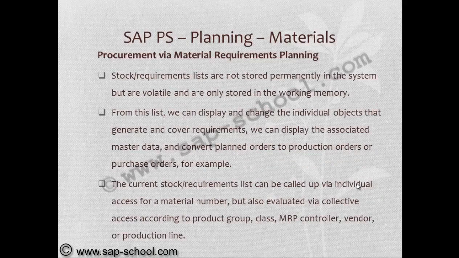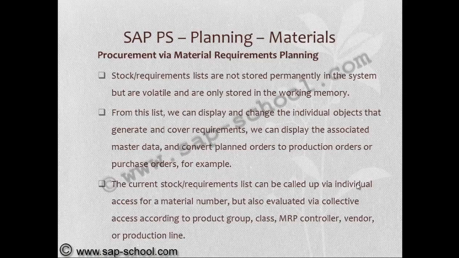The requirement lists are not stored permanently in the system but are volatile and are only stored in the working memory. From this list, we can display and change the individual objects that generate and cover requirements. We can display the associated master data and convert planned orders to production orders or purchase orders.